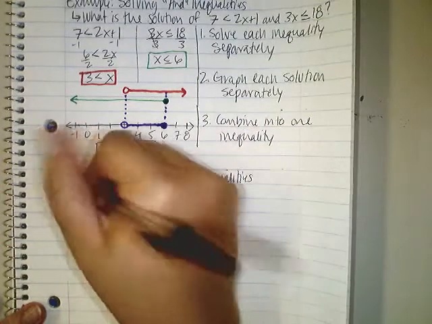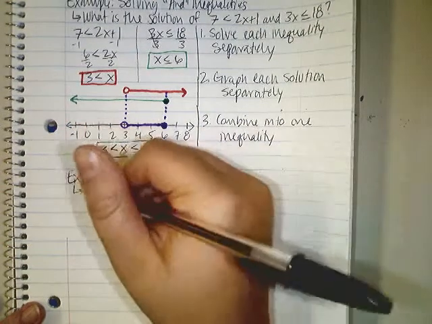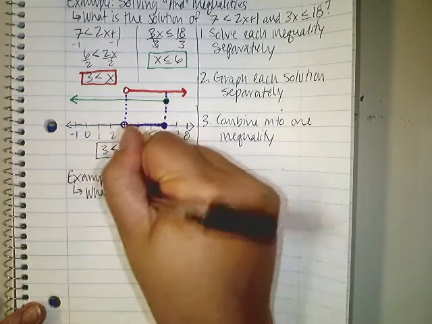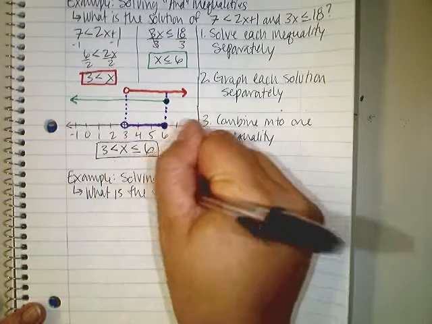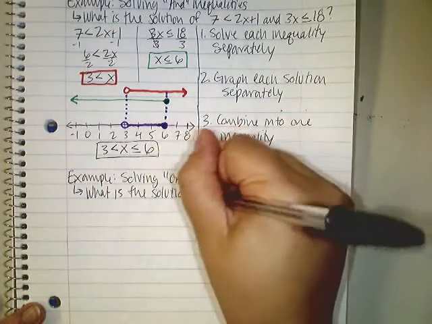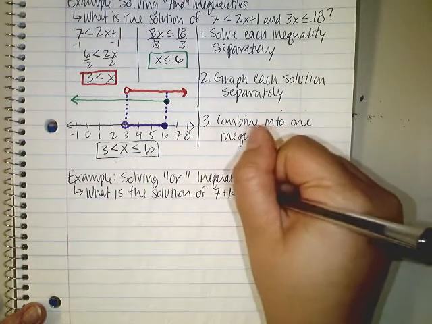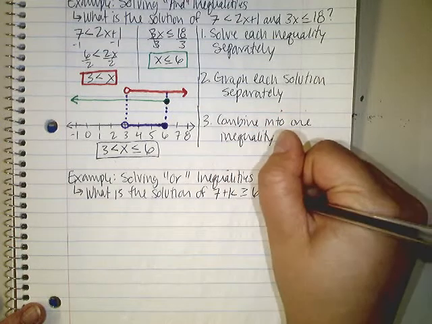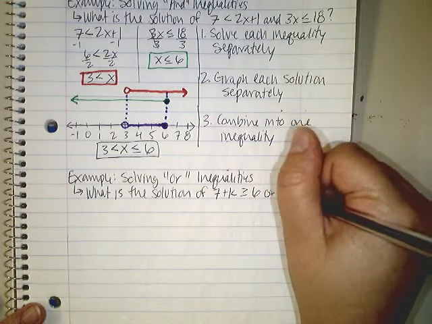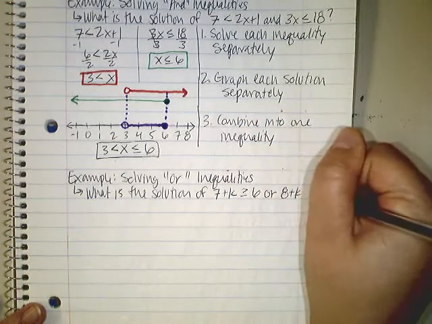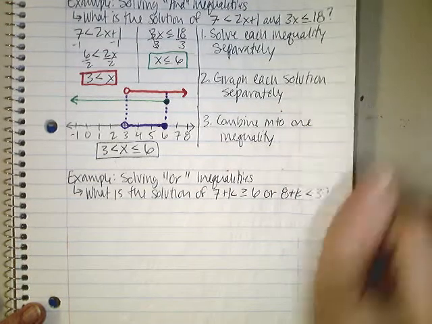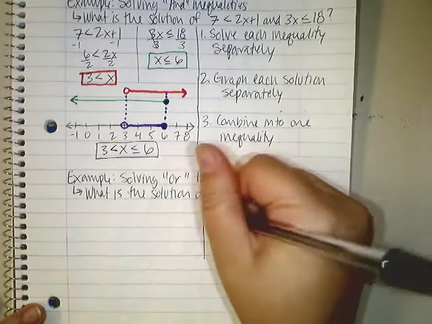So similarly, I'm going to ask us, what is the solution of 7 plus k is greater than or equal to 6, or 8 plus k is less than 3? So again, the first step is going to be the exact same.